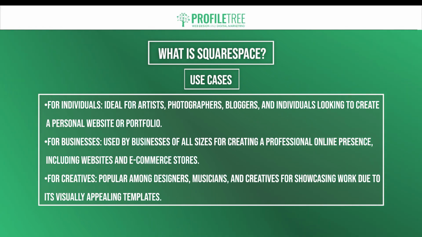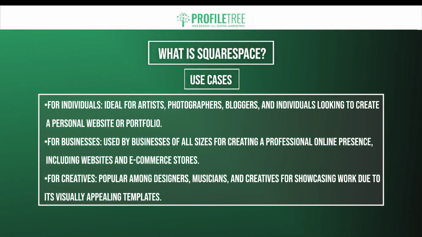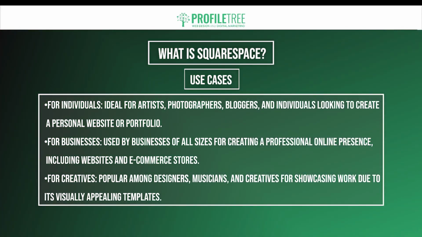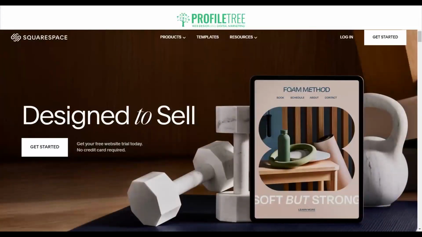So now that we have a better understanding of what Squarespace is all about and what you would use it for, let's take a closer look into the website builder itself. So when you open up Squarespace, this is the initial start.